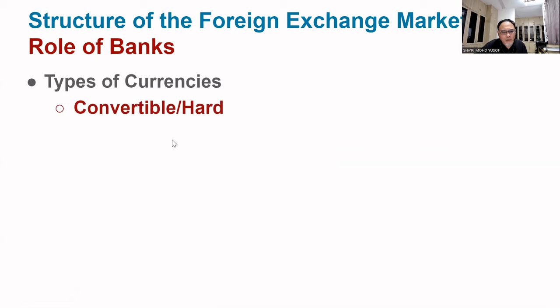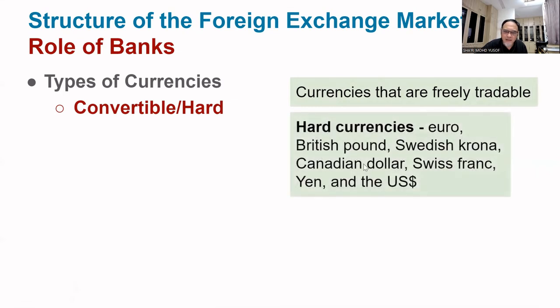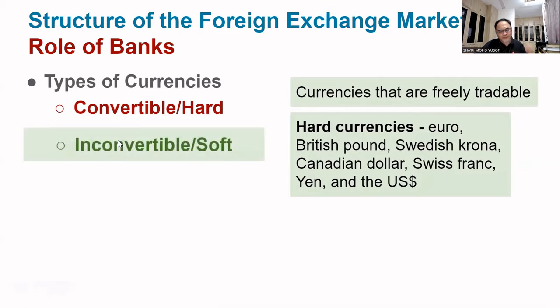Right. Types of currencies. There are convertible currencies or hard currencies. These are freely tradable, like US dollars, euros, yen. So these are hard currencies. The other one is the inconvertible or soft currencies.